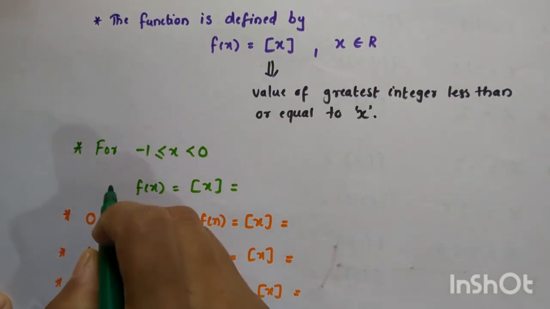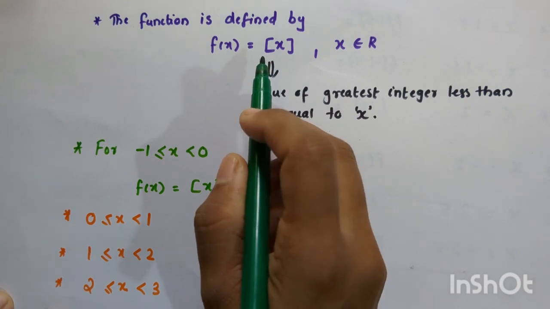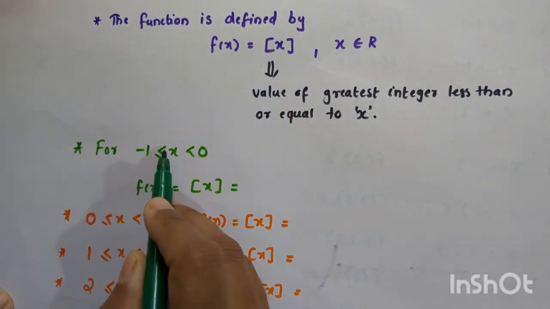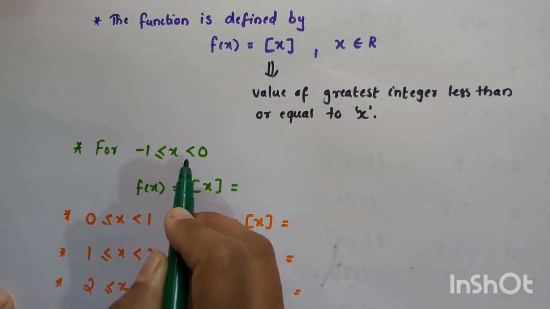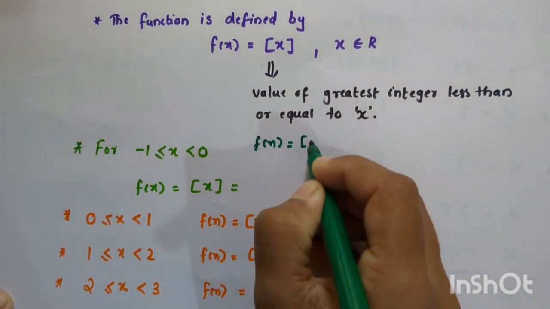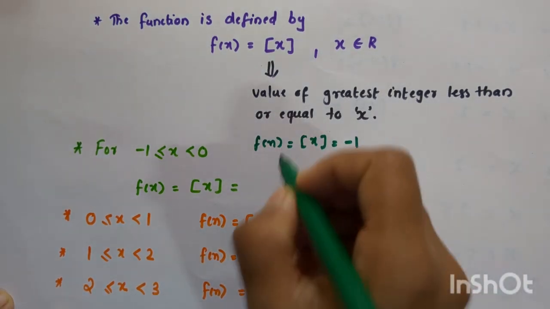From the definition of f of x, which is [x], we can see that for minus 1 less than or equal to x less than 0, f of x, which is [x], will be equal to minus 1. How?